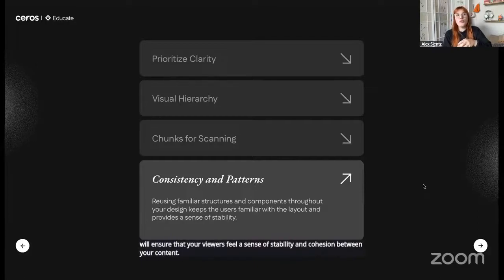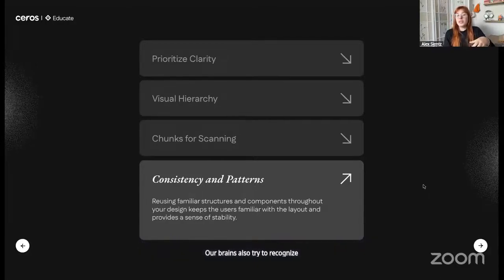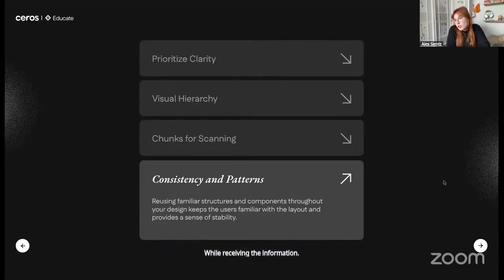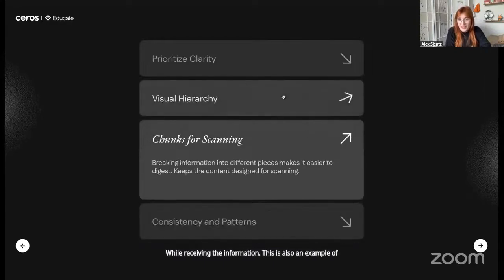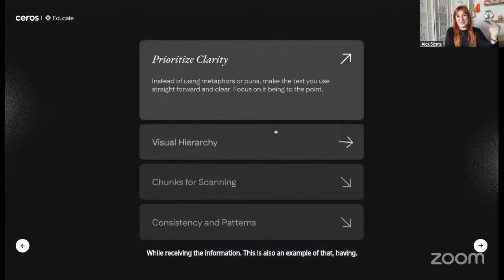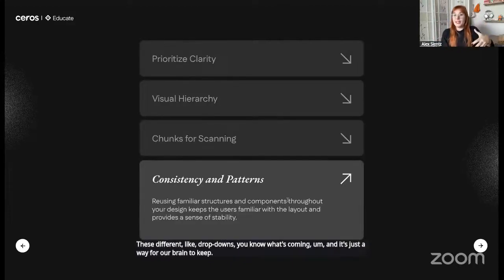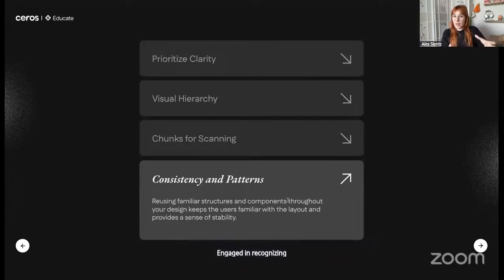Our brains also try to recognize patterns, so doing this also helps keep the brain engaged while receiving the information. This is also an example of that, having these different drop downs, you know what's coming. And it's just a way for our brain to keep engaged in recognizing the patterns across different visual elements.